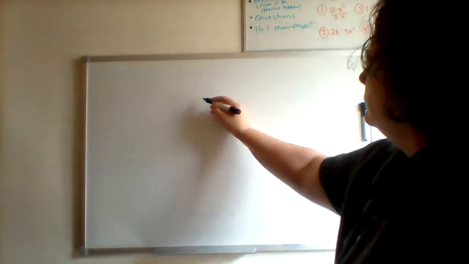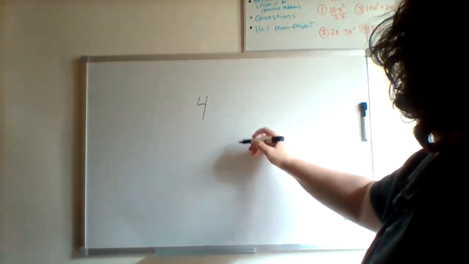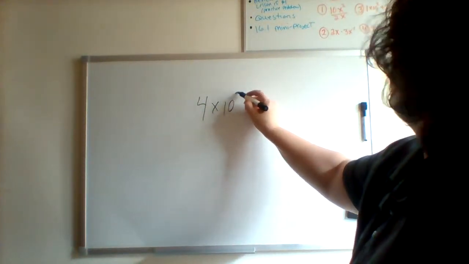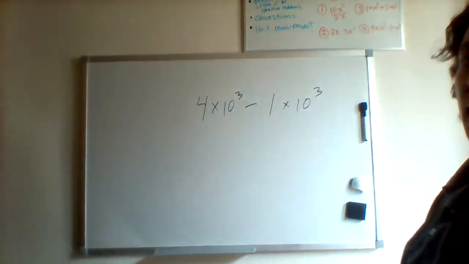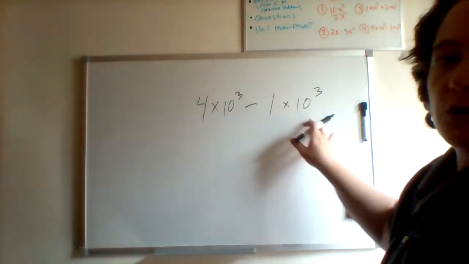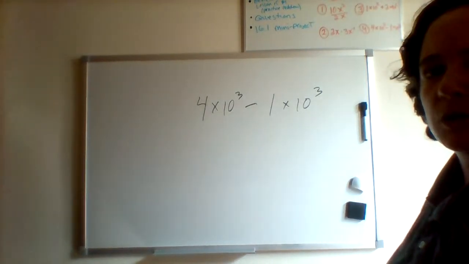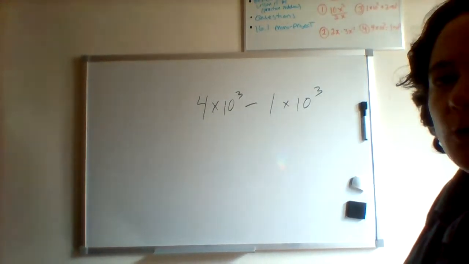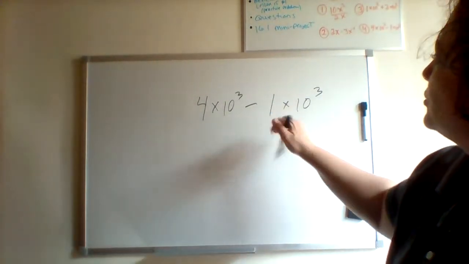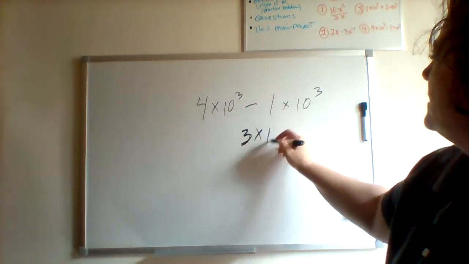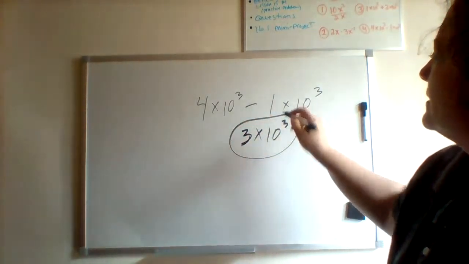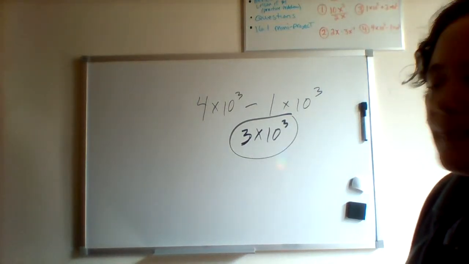Okay, last one. Lucky for us, the bases are the same again, right? It's much less of a headache or work. 4 minus 1 is 3, and I keep my base the same, so boom, that's it. That's all you have to do.